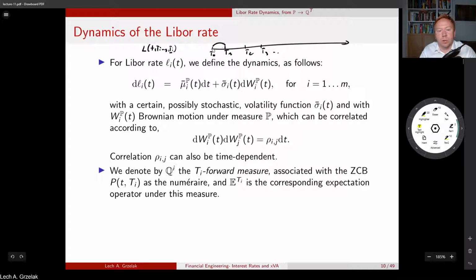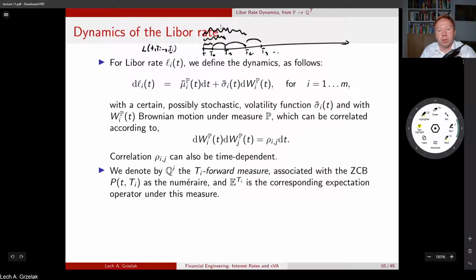Let's assume that we are here. So the first Libor would correspond to the rate over this period. This will be stochastic until this moment. The second rate, Libor 2, would be the Libor over this period, and that Libor would be stochastic until this moment. Then Libor number 3, for this period, will be stochastic until this moment.